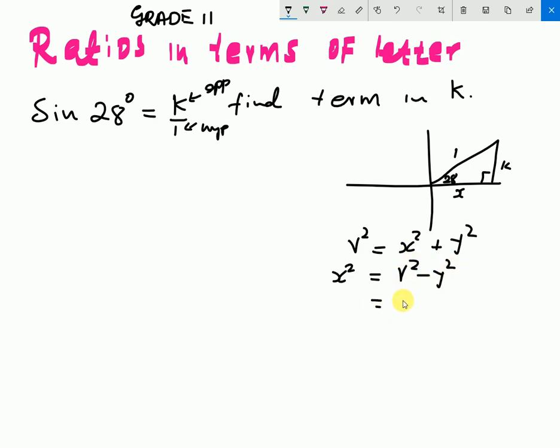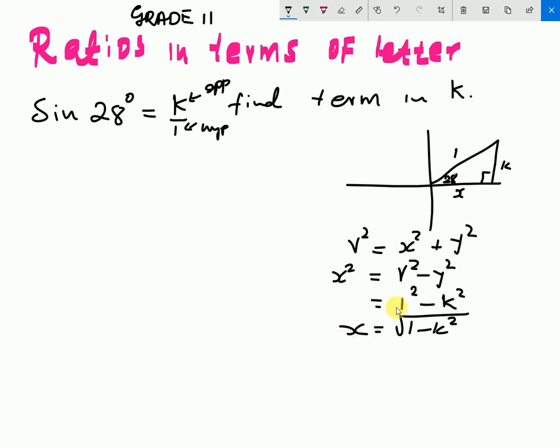Then what about r? R is 1. Y is k. So this means that we have plus or minus the square root of 1 minus k squared, which is equal to x.